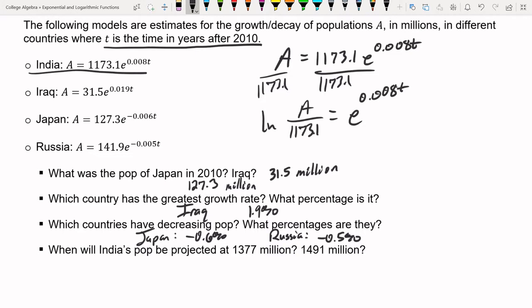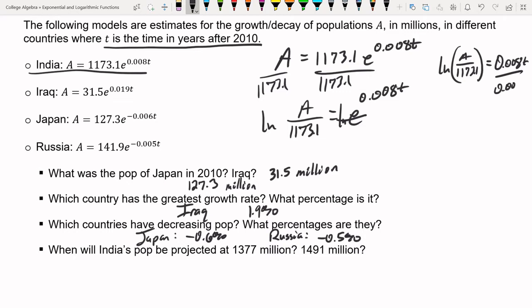I need to take the natural log of both sides to get rid of that e. This gives me the natural log of a over 1173.1 equals, and those cancel, giving us just that.